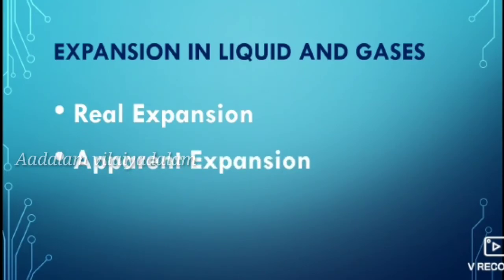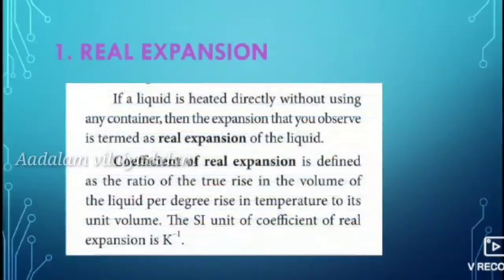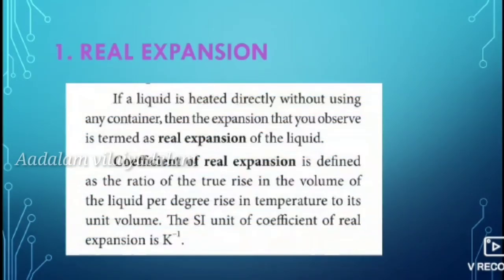The real expansion: if a liquid is heated directly without using any container, then the expansion of the liquid is known as real expansion. The coefficient of real expansion is the ratio of true rise in volume of a liquid per degree rise in temperature to its unit volume, and its SI unit is Kelvin power minus 1.